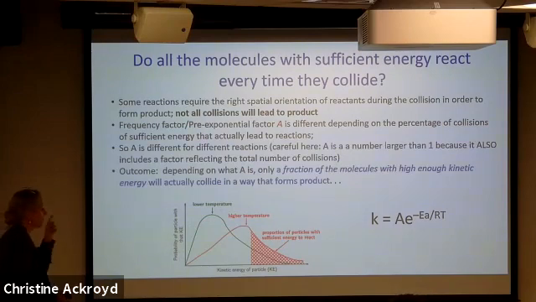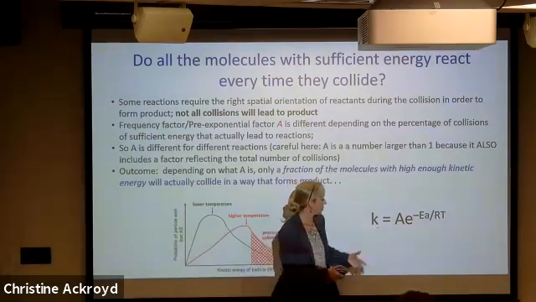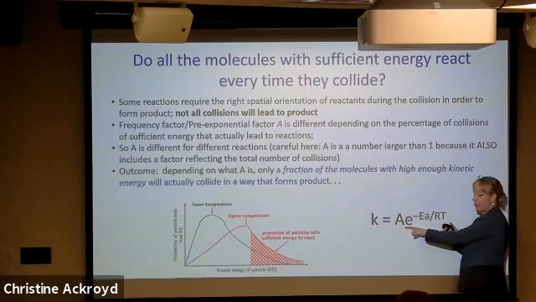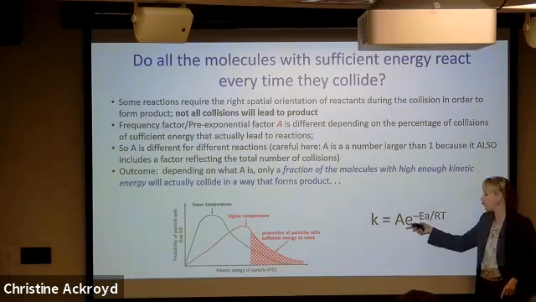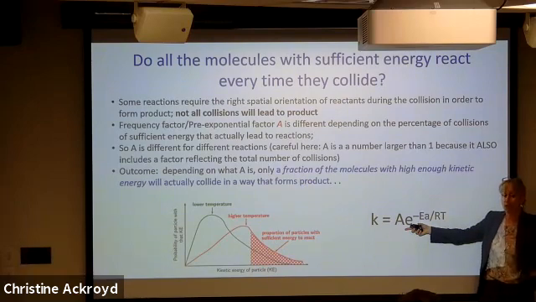So go back to what this means. The Arrhenius equation says, if you look at the exponential factor here, that only a percentage of molecules can react, because those molecules have to have enough energy to make it over the energy of activation barrier.